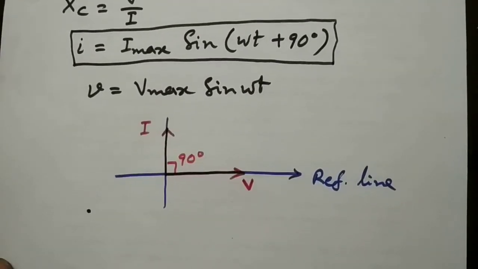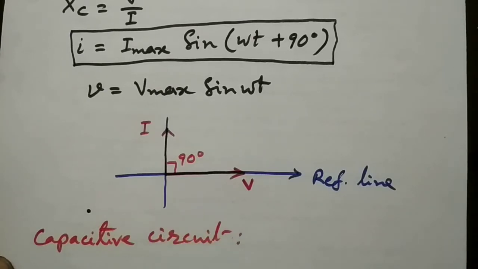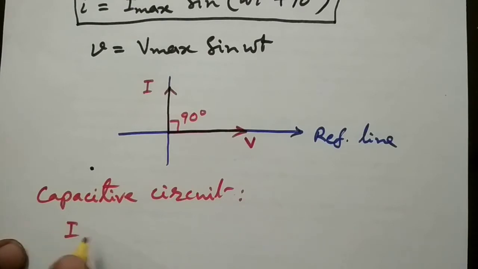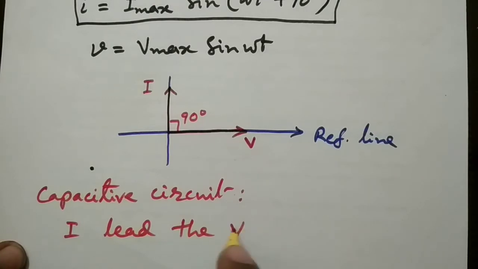Therefore, we can write for a capacitive circuit, the current leads the voltage by 90 degree. As we have seen in a purely inductive circuit, the current was lagging the voltage by 90 degree. For a purely resistive circuit, current and voltage are in phase.